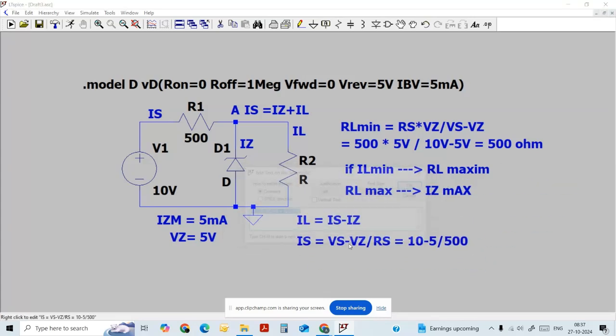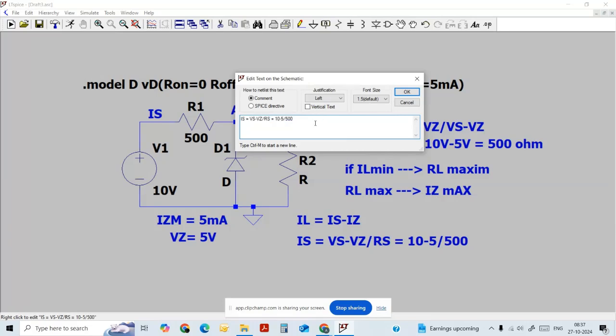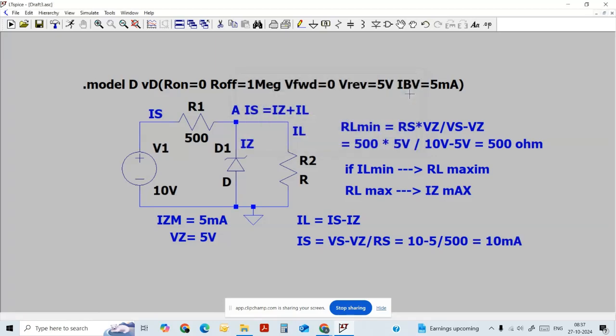When we simplify this, we are getting 10 milliamps. So we will apply this value.